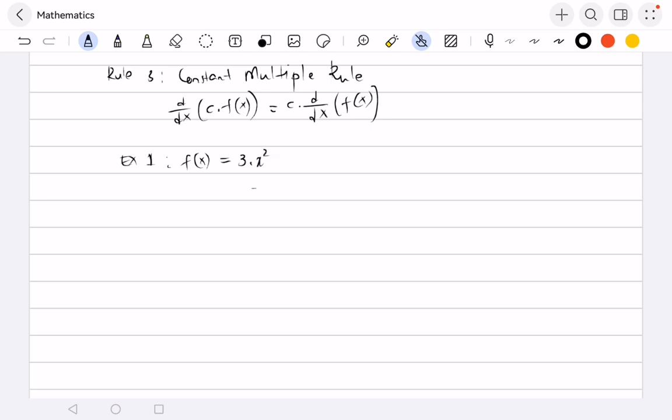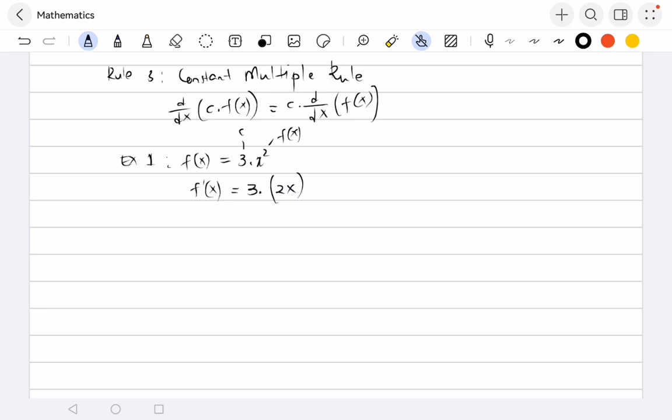Now in this case, we're going to treat this x squared as our f of x, and this 3 we're going to treat as our constant. So this is like our c, and this one is like our f of x. So the derivative of this function is going to be 3, which is the constant, multiplied by the derivative of f of x, which is 2x.